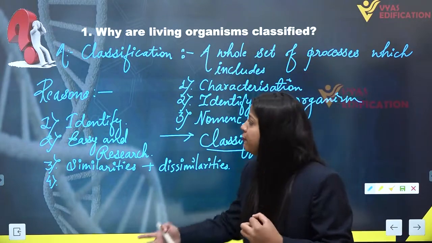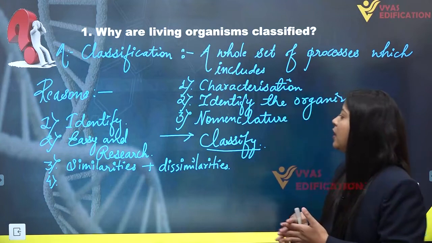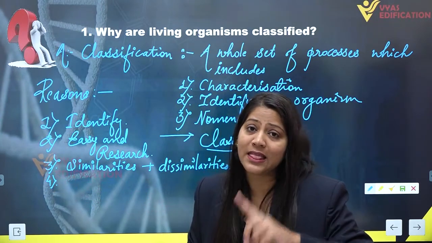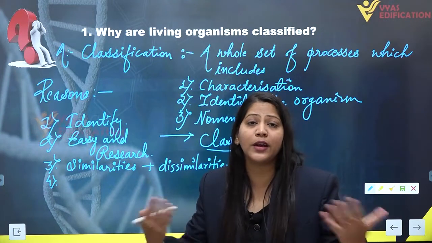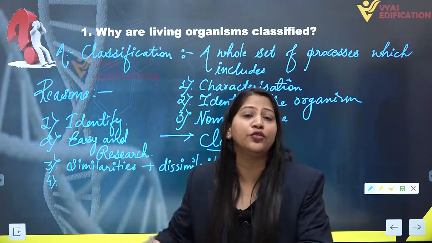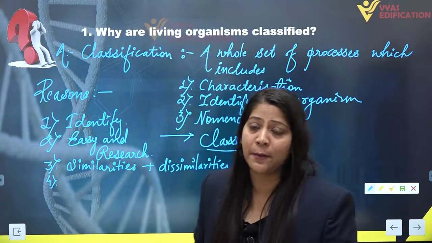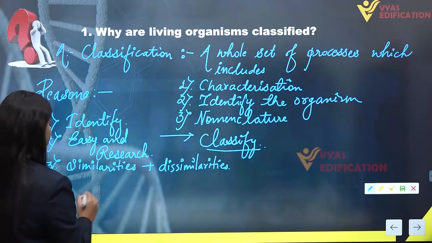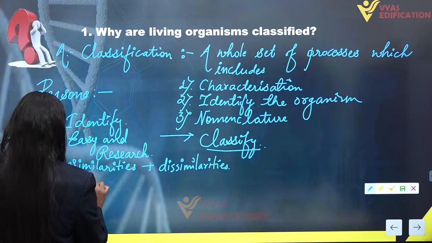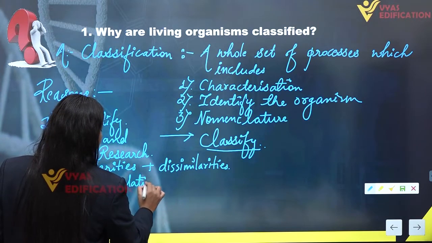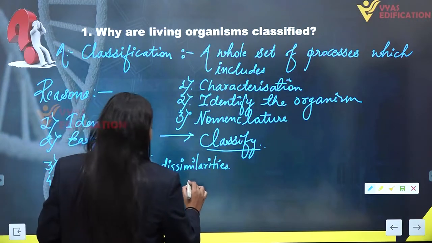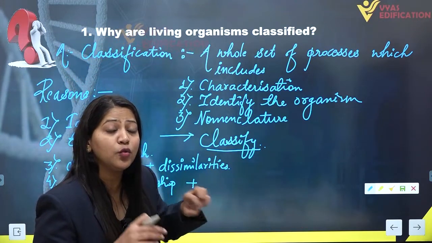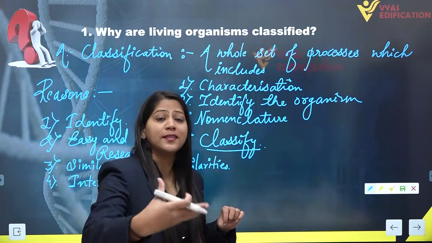When we follow all these steps, characterization, identification, nomenclature, we find that the particular organism which we are studying or researching has an interrelationship with different kinds of organisms which have been put into that particular group or different groups. So we come to know the interrelationship of that organism with other organisms, and also we get to know what would be the ancestors of that particular organism.